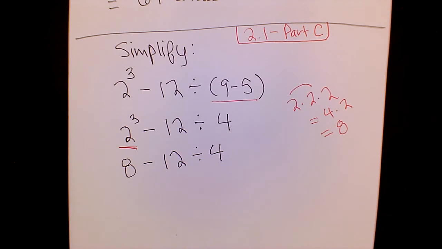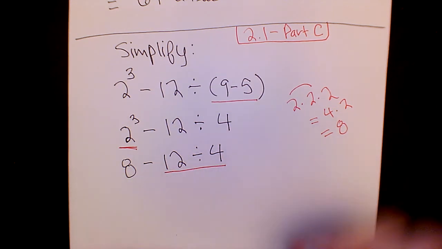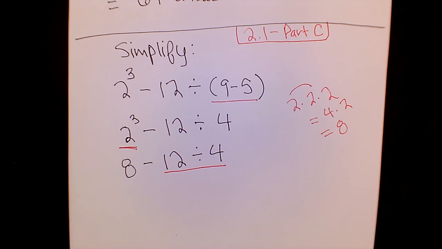Okay, and I've got left subtraction and division. So looking at the PEMDAS notes, multiply, divide is third. So I'm going to do that next. What's 12 divided by 4? That's just 3.